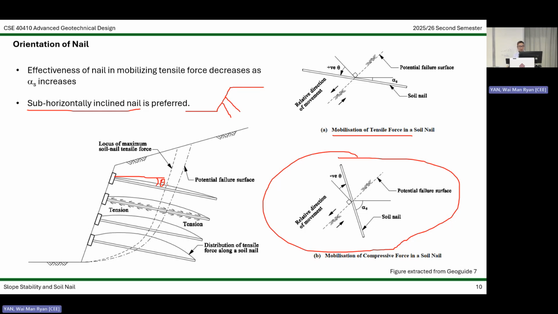What would be a typical angle between your nails and a virtual horizontal plane? 10, 20 degrees. Okay. And this is the angle that the contractors also favor. Why? Think about drilling a hole into the ground.